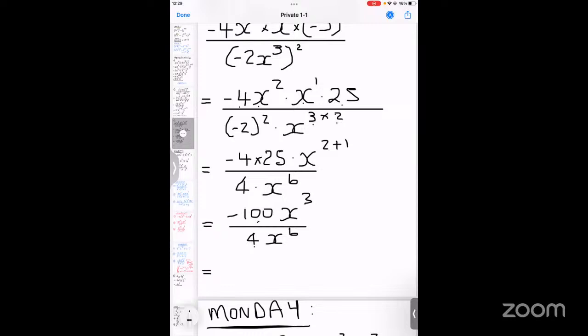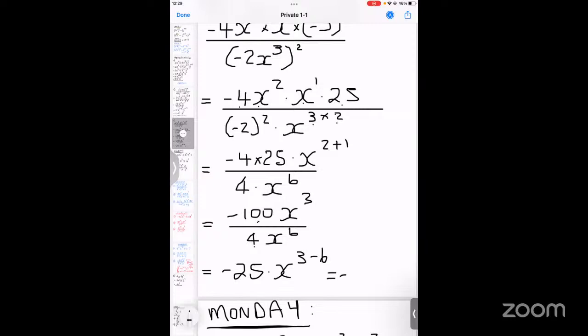It will be -25. -25, 100%. So you have a -25 there. And then it looks like we can still say we have x to the 3 minus 6. Would you agree with me on that one, Langley? Yes, I agree.